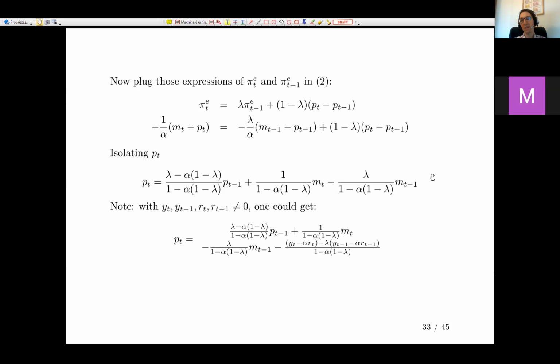At the beginning of the lesson last week, we saw that there was just a long-term link between price and money. But in the shorter term, since we have expectations that kick in, the change in prices is going to be dictated by the change in money supply. It's not exactly that. We could rearrange the terms to look at the change over time. Here is the canonical way to deal with it.